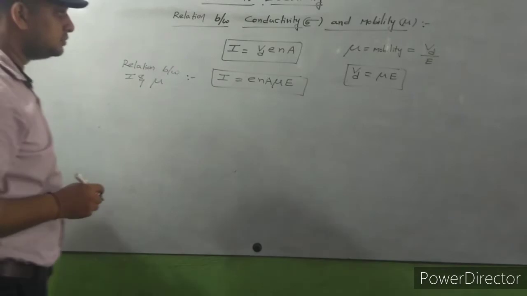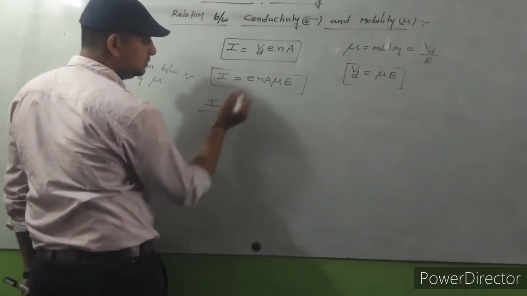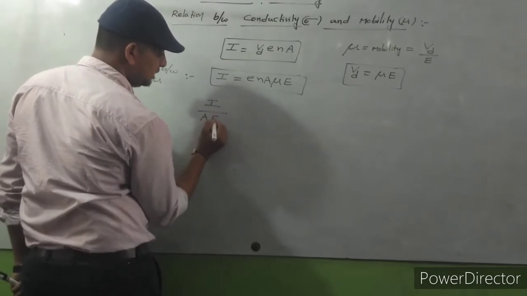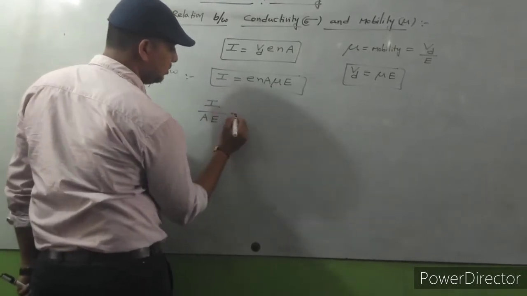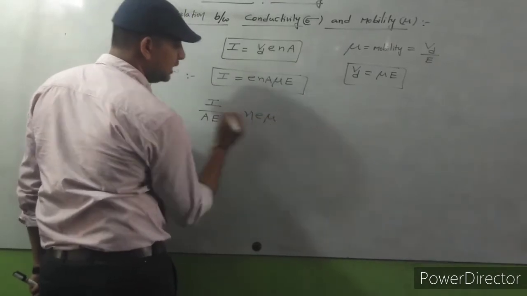So now this can be written as, observe carefully, I by AE is equal to NE mu.